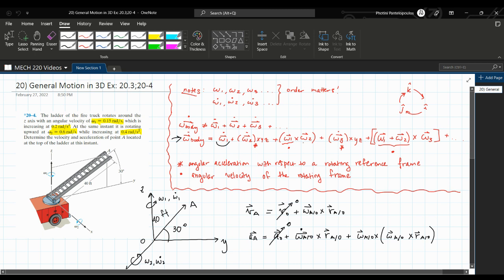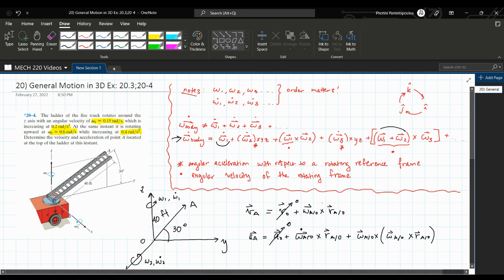And the reason why, with every subsequent acceleration or velocity, you're adding the two together like this, is that if you look at it situationally, your third angular acceleration is happening within the first rotating frame and within the second rotating frame.